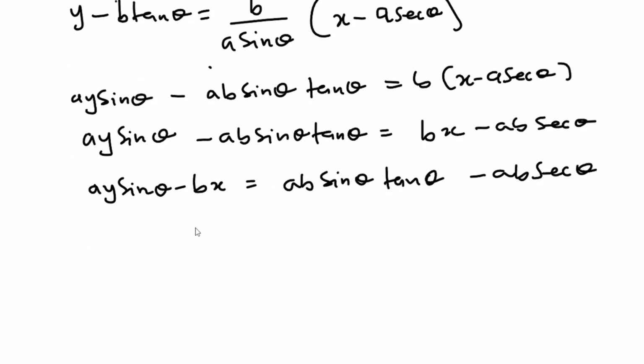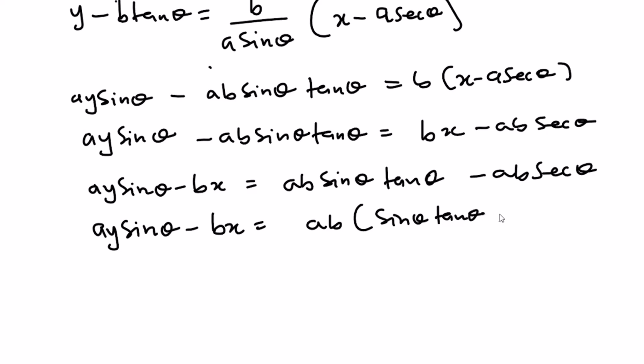Alright, so let's continue. That ay sine theta minus bx being equal to ab out, we have sine theta tan theta minus sec theta.